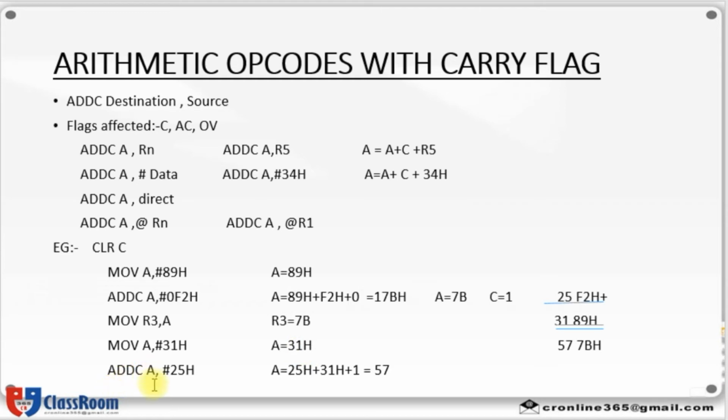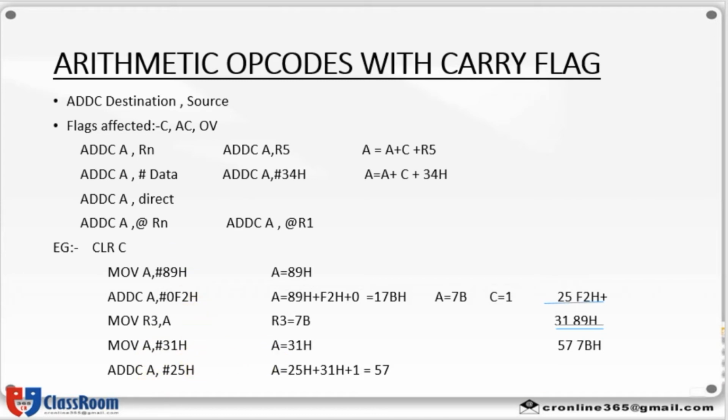Then ADDC A, #25H. Now accumulator is 25H plus 31H plus 1. This one comes from here. So accumulator will be having the data as 57.